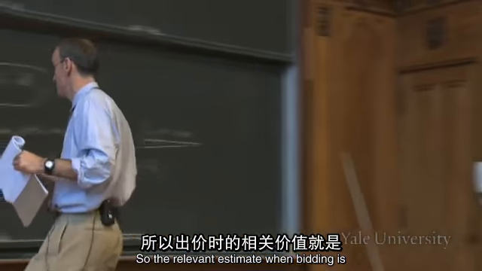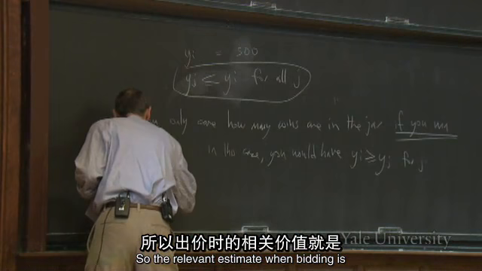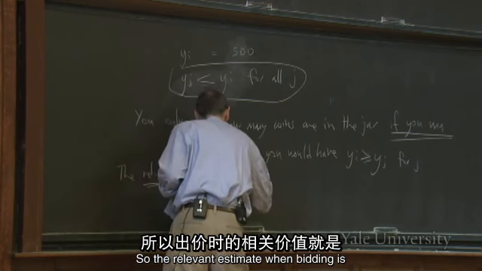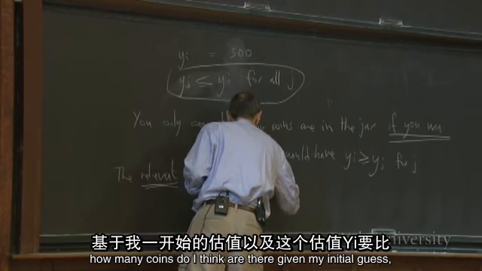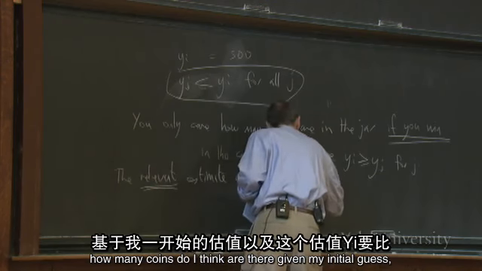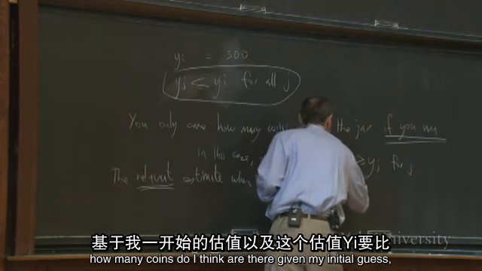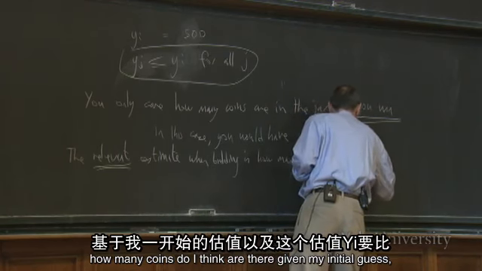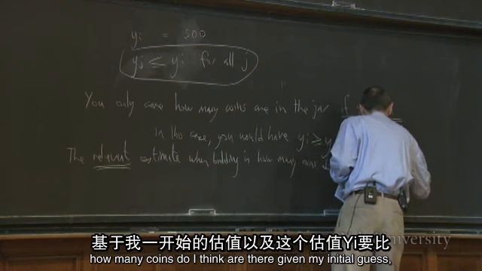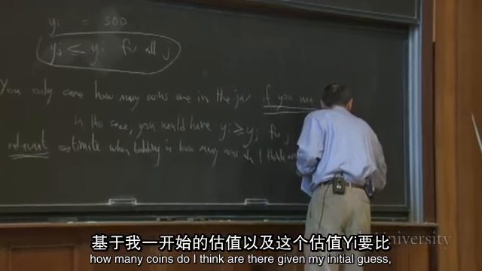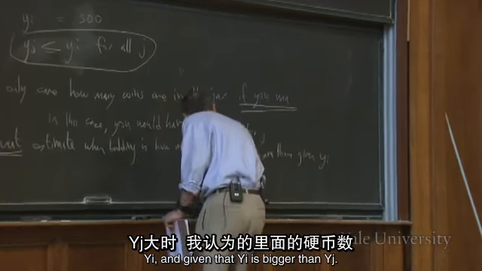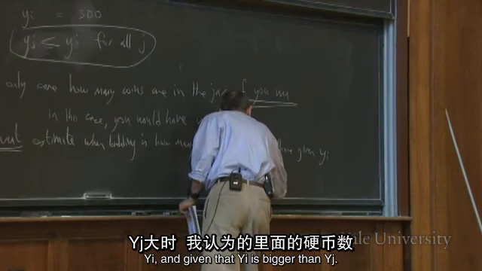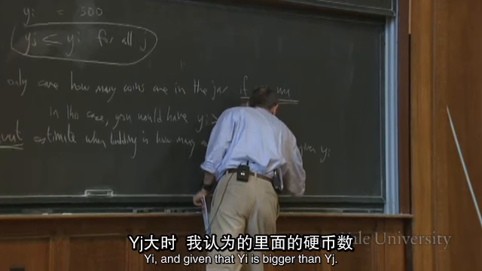All right, so the relevant estimate when bidding is how many coins do I think are there given my initial guess, yi, and given that yi is bigger than yj.